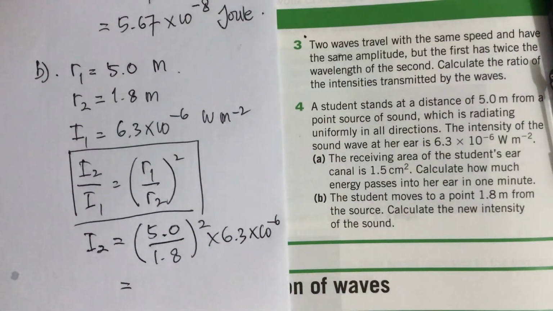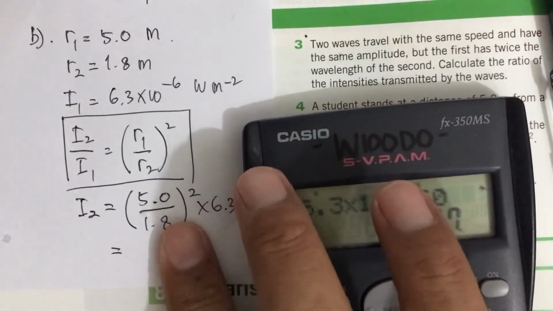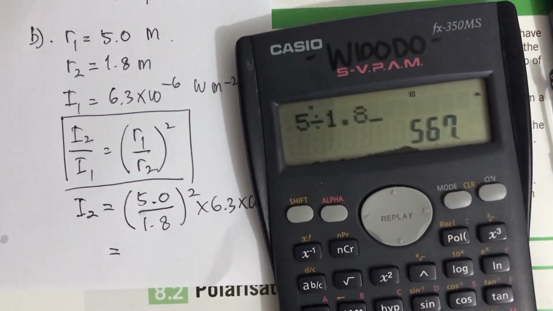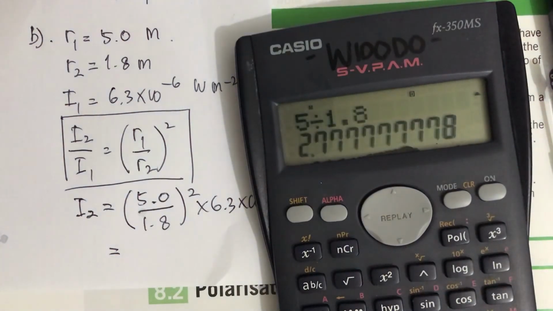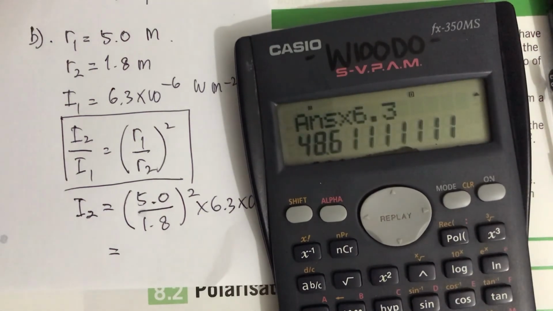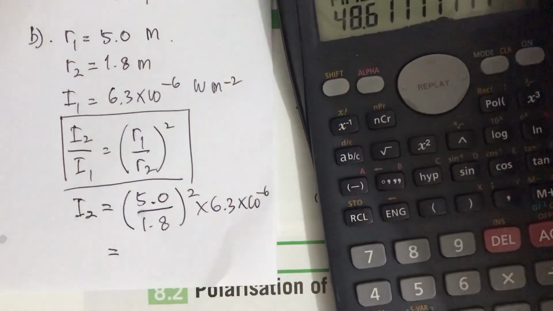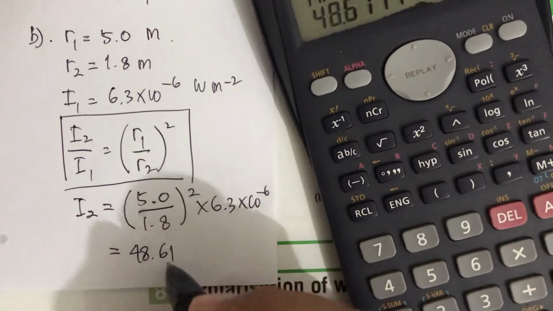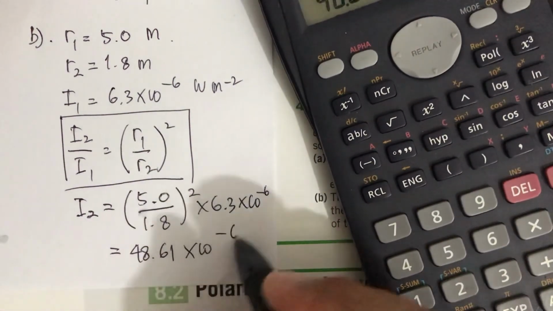We use a calculator, it's so hard. 5 divided by 1.8 is 2.7777, squared is 7.7160, times 6.3 gives 48.61 times 10 to the minus 6.